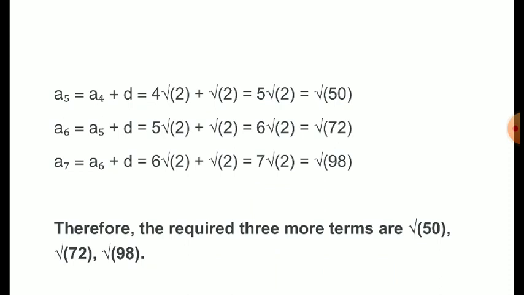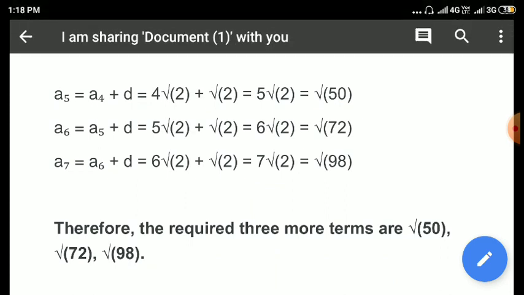Then the next 3 terms will be the 5th term, 6th term, and 7th term. If you follow the definition of arithmetic progression, if you add the constant number, that is the common difference, to the preceding term, you get the next term. So a5 can be determined by adding the common difference d to the preceding term a4. So a5 equals a4 plus d.